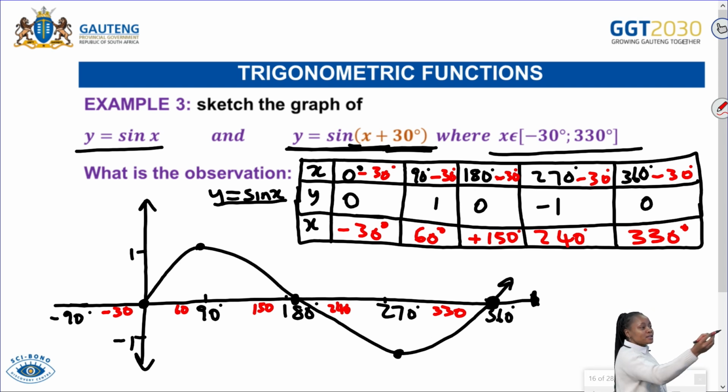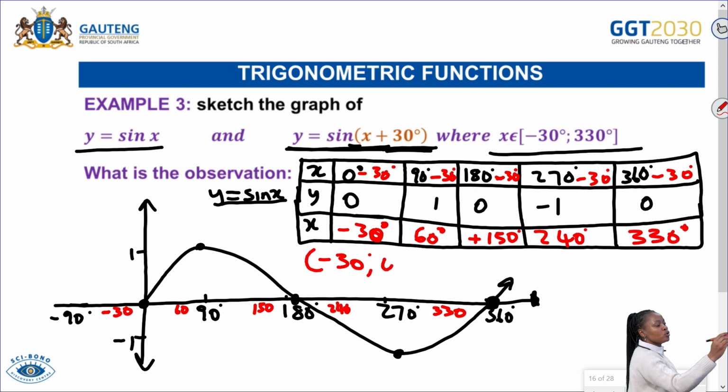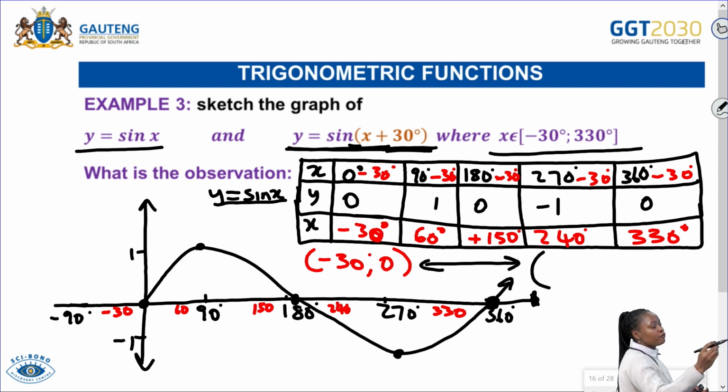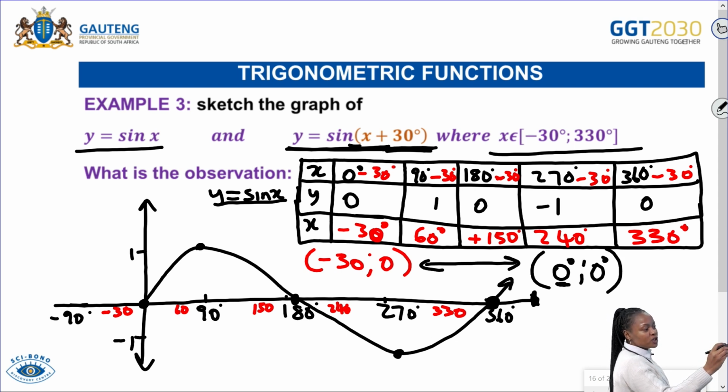So when x is negative 30, y is going to be 0. So I'll have negative 30 is to 0. This graph has been shifted, so this value of x, which was 0 degrees, is now negative 30 degrees.